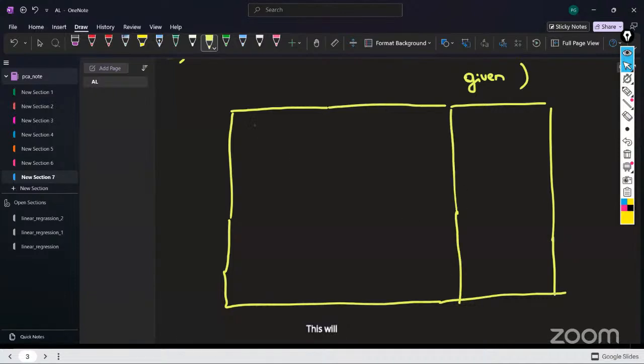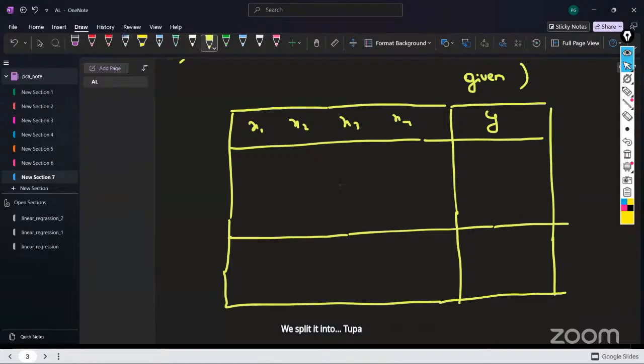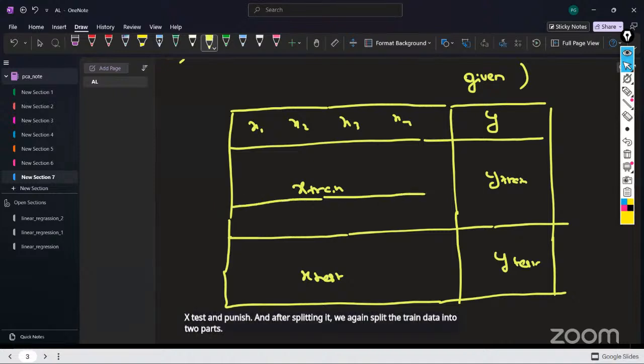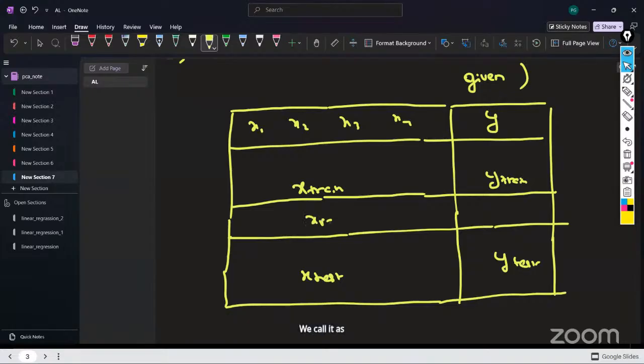This will become my x1, x2, x3, x4, and this is y. We split it into two parts. We call it x train, y train, x test, and y test. And after splitting it, we again split the train data into two parts. We call it x validation, y validation. We split it into this many parts.